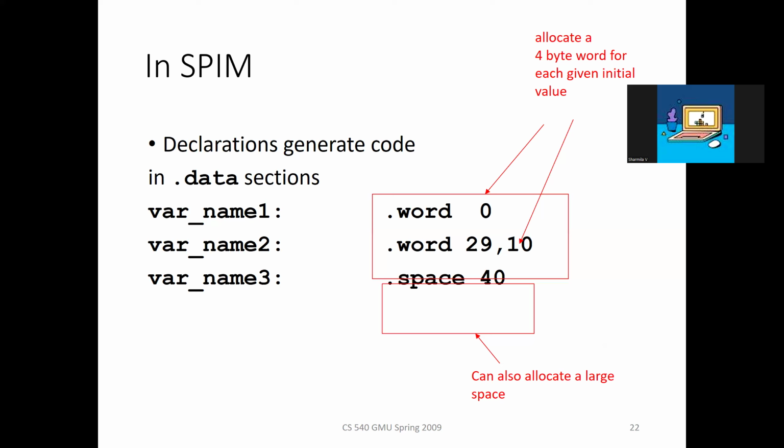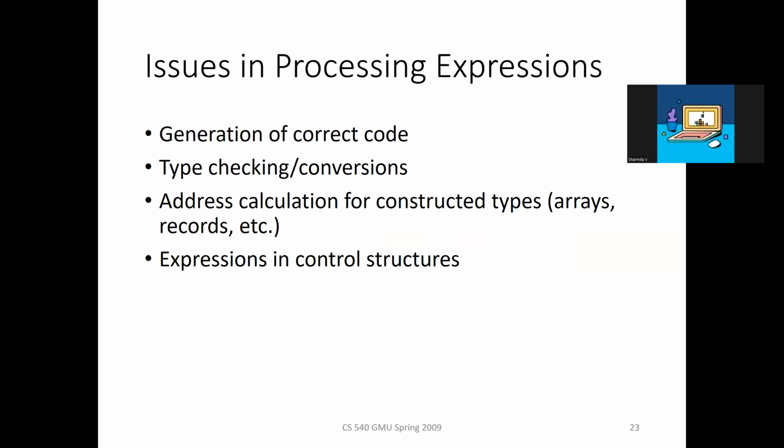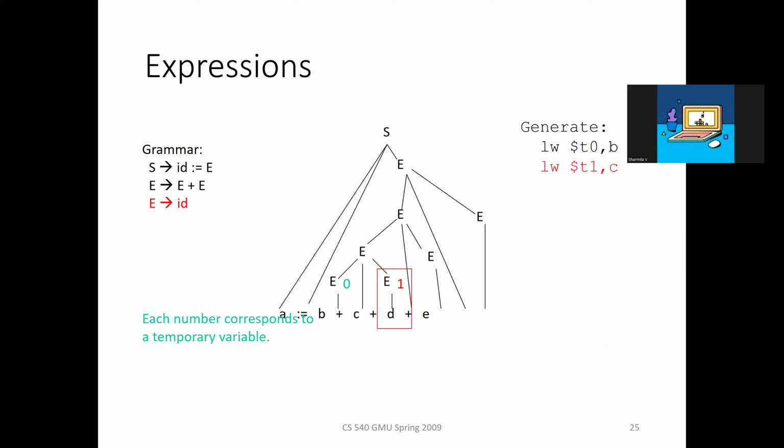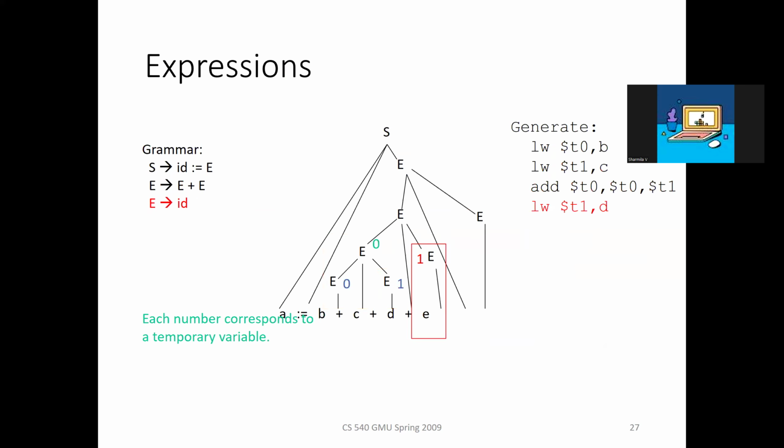Issues in processing expressions are whether the correct code is generated, whether type checking and conversion are correct, whether the address is calculated, constructed types, and expressions in control structures. They have given a small expression and drawn how the value is composed and how the expression is evaluated.